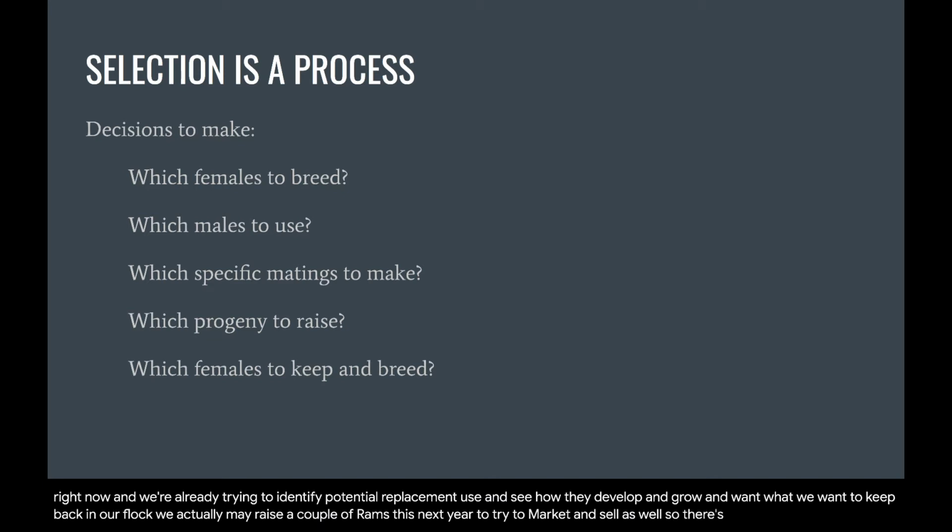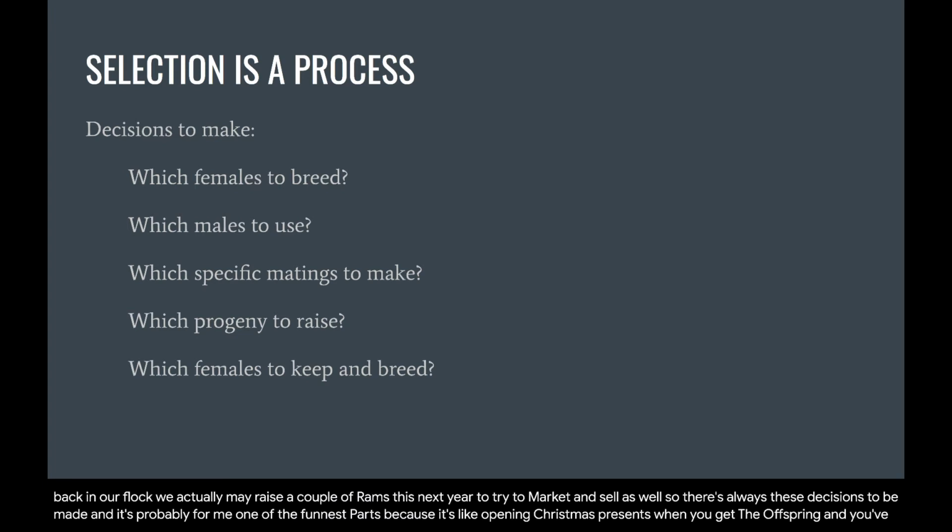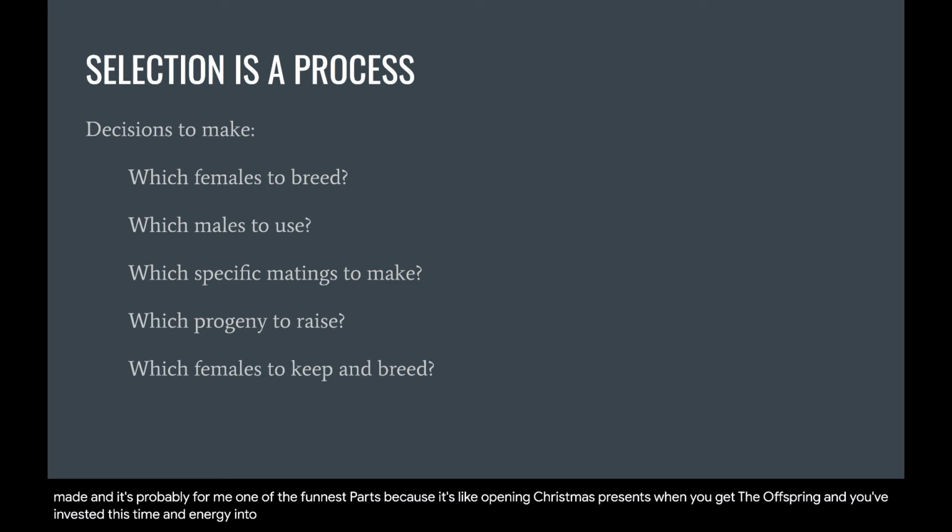So there's always these decisions to be made, and it's probably, for me, one of the funnest parts, because it's like opening Christmas presents when you get the offspring and you've invested this time and energy into considering these matings, and then you get high quality livestock.